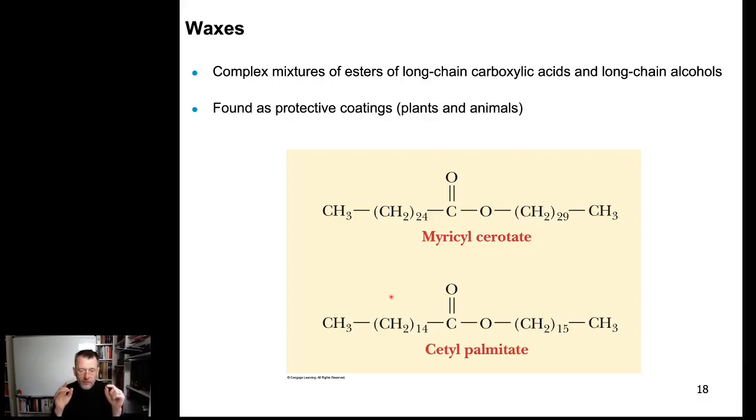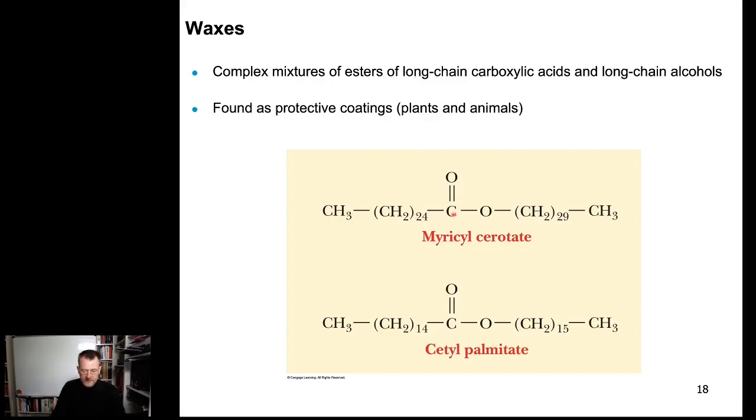There's one thing all waxes have in common, and that is we're talking about long-chain carboxylic acids. On the other hand, these carboxylic acids form esters with long-chain alcohols, leading to extremely large and extremely heavy molecules. If you look at this one, for instance, we've got a C26 carboxylic acid, so 26 carbons.